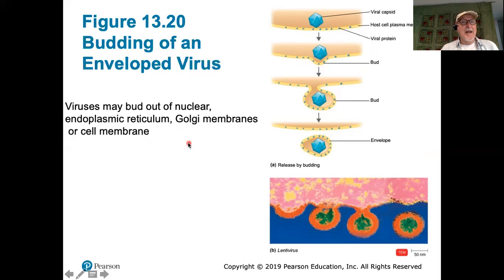But remember, this can happen at any stage, depending on the virus and its life cycle. It can happen budding out of the nucleus, endoplasmic reticulum, the Golgi, or the cell membrane. HIV, for example, acquires its envelope from the cell membrane. Coronavirus from endoplasmic reticulum and the Golgi.